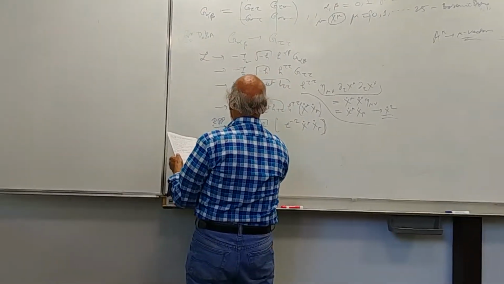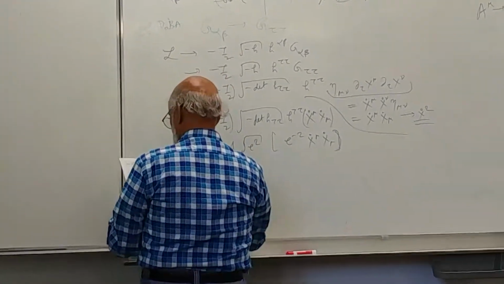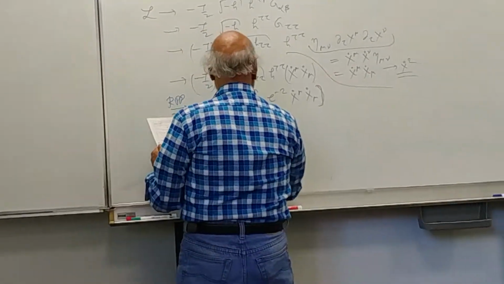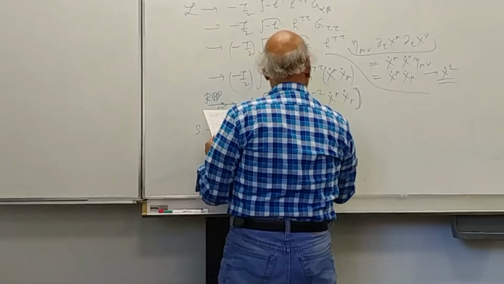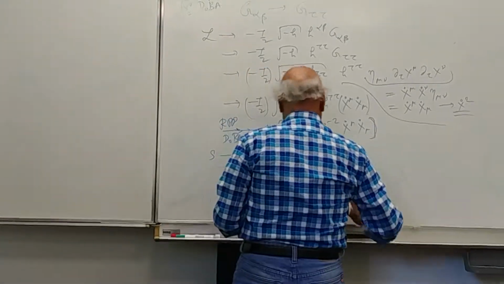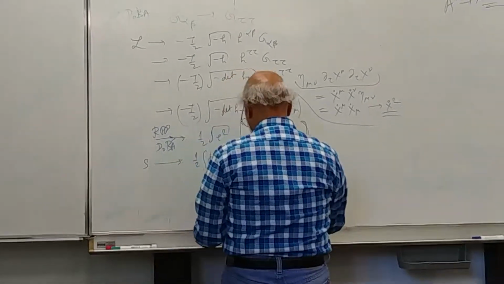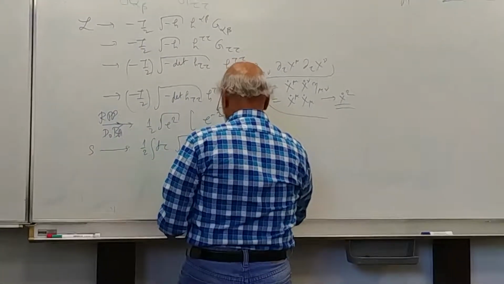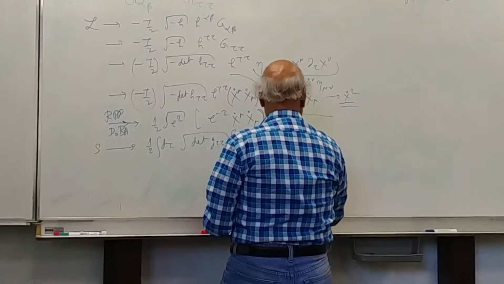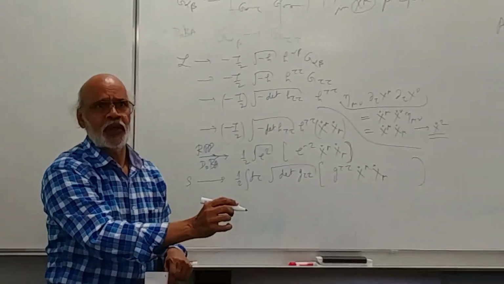In my notations, this S was equal to 1/2 d tau into determinant of g tau tau into g tau tau, and this was x nu dot x nu dot, okay, and we had ignored here the term minus m square.